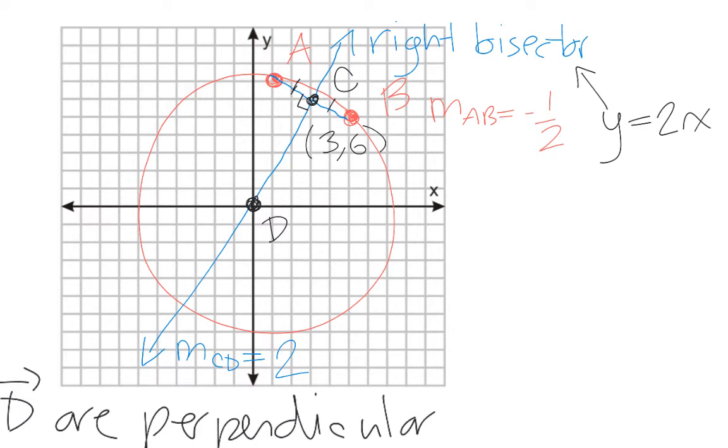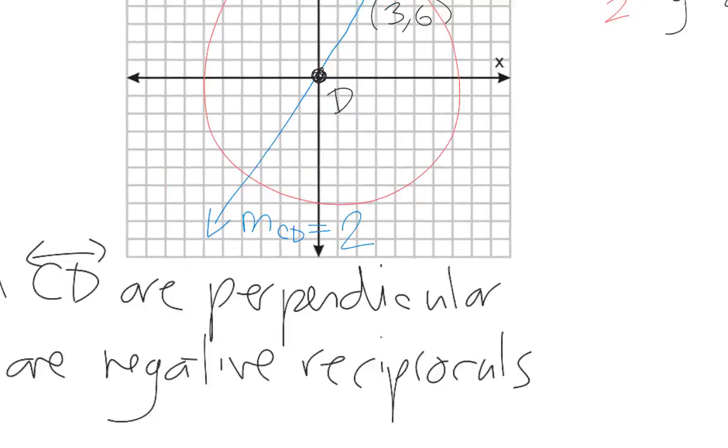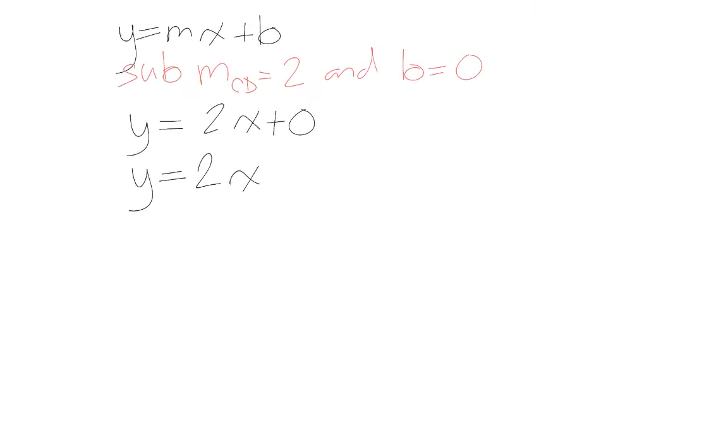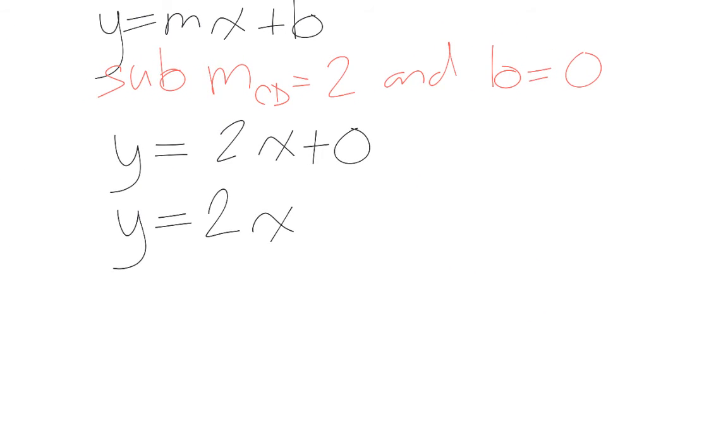To see if this right bisector passes through the center of the circle, which is the origin, we need to see if that point satisfies this equation. Let's go all the way back down here. And I'm going to write instructions.